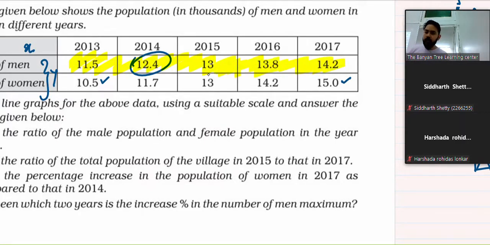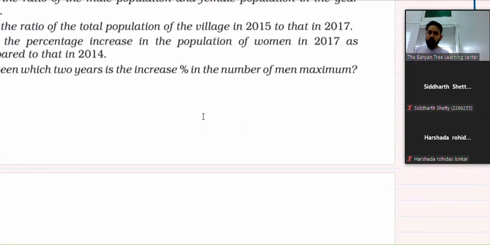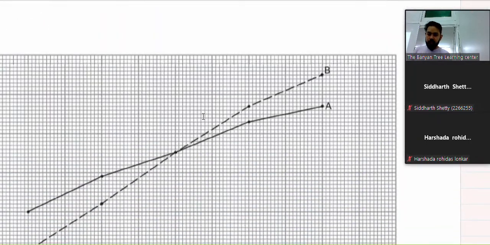For example, plot the number of men first, and draw a solid, dark line for one parameter. Then start plotting for the other parameter. Otherwise you will get confused about which point belongs to which parameter. After you draw one line, draw the second line, which should be distinct, not like the first line. If the first line is dark, the second line would be dotted, and the whole end product will look like this.